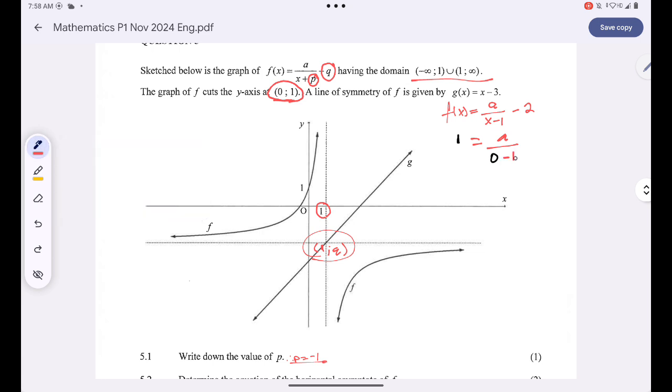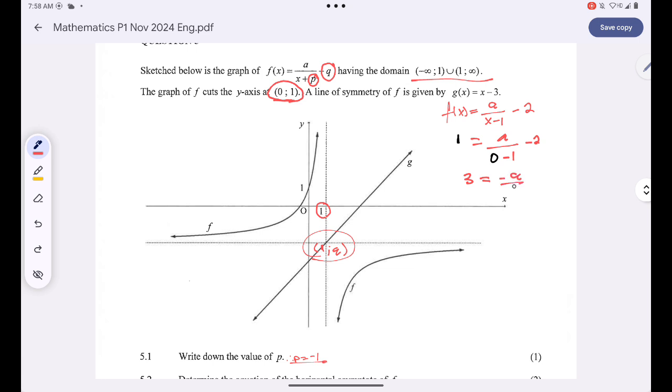We still have a negative 1 and minus 2 over there. If I take this negative 2 to the other side, it will become positive, and then on the left hand side I'll simply have 2 plus 1, which is equal to 3, and then at the denominator I'll simply have negative 1. So a divided by negative 1 is basically negative a.